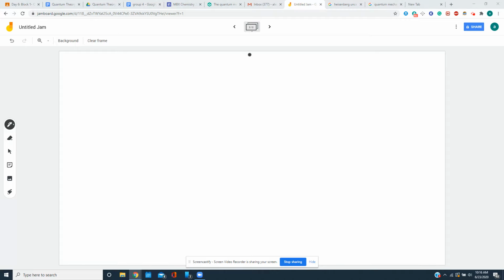So Erwin Schrodinger, I believe, was an Austrian physicist in the early 1900s, and he was responsible for creating the quantum mechanical model. I apologize for my bad handwriting; it's very bad.